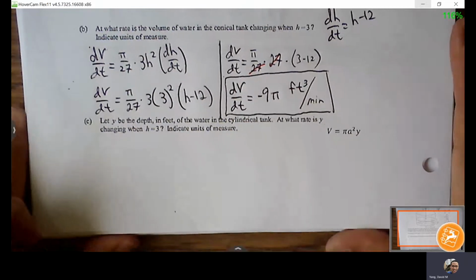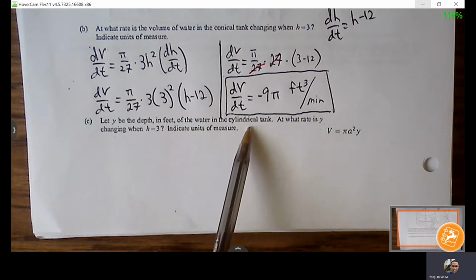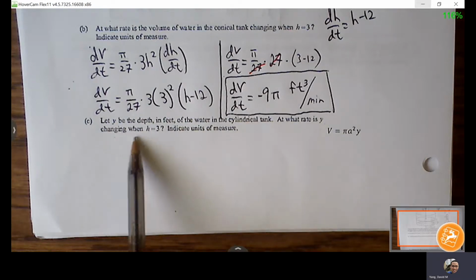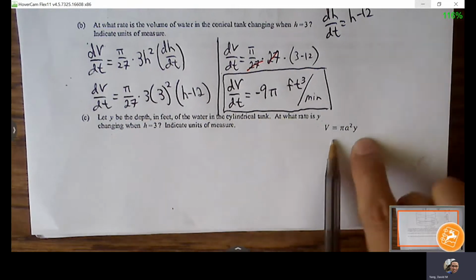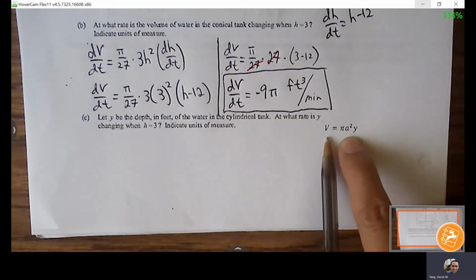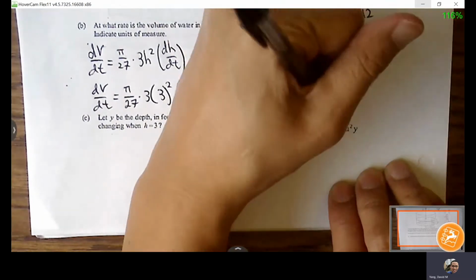Okay, now part C. Let y be the depth in feet of the water in the cylindrical tank. At what rate is y changing when h equals 3? So normally we would use volume equals pi r squared h for a cylinder.